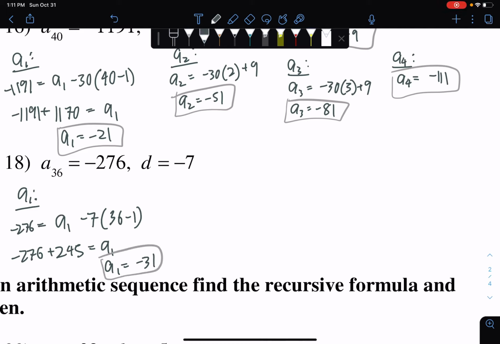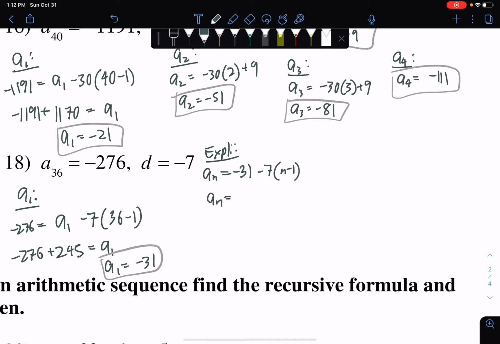Okay, so moving on, actually no, explicit formula again. A sub n is equal to negative 31 minus 7 times the quantity n minus 1.